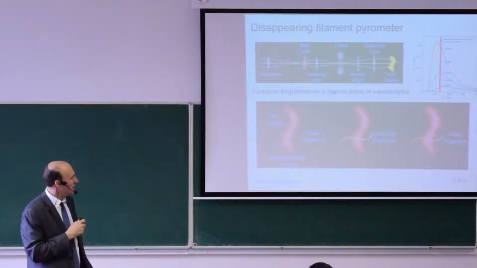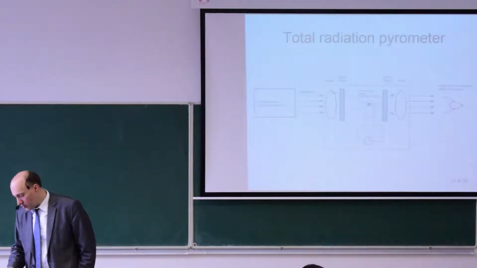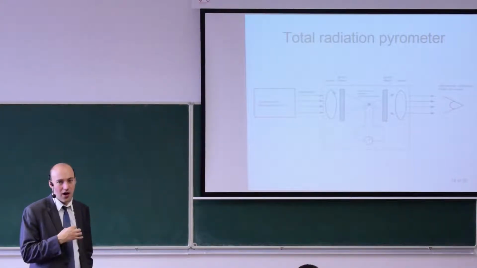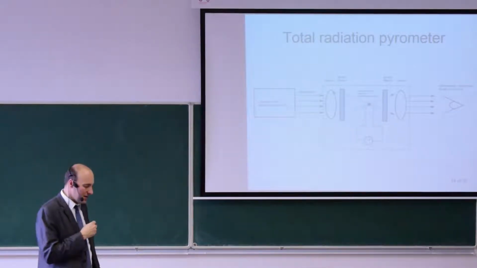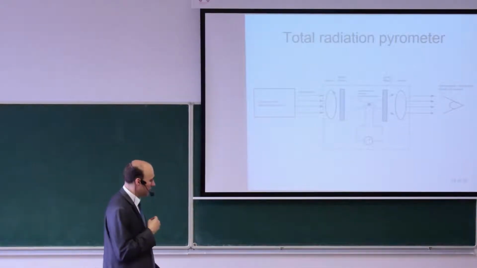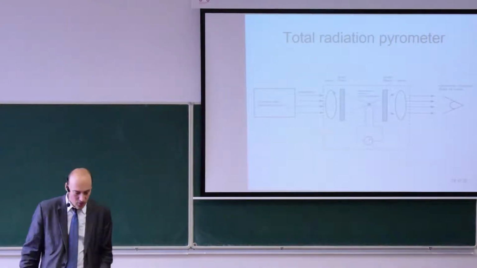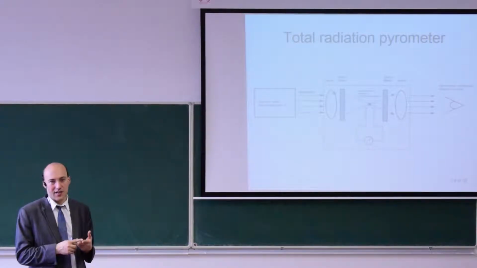So this principle is comparing a single wavelength. A second option would be if I measure somehow the total amount of radiation that I have received on a detector. This principle is called total radiation pyrometer, and it's typically using thermocouples or RTDs as the sensors.